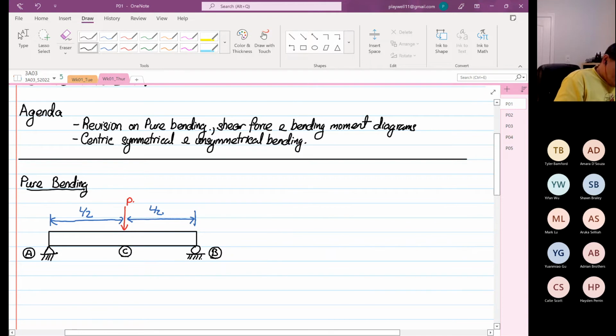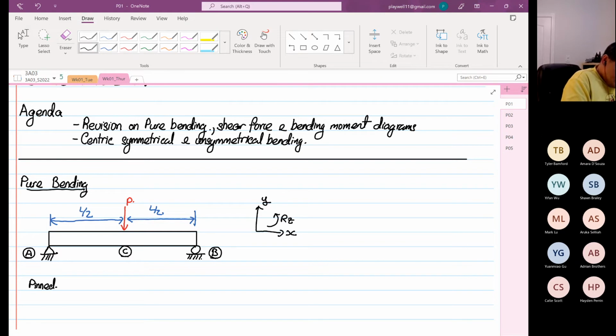So when a structure is pinned, if I were to sketch a transformation, this is X and Y, and rotation about Z is anti-clockwise because we comply with the right hand rule. At point A it is pinned. When we say it's pinned, it means X motion is equal to 0.